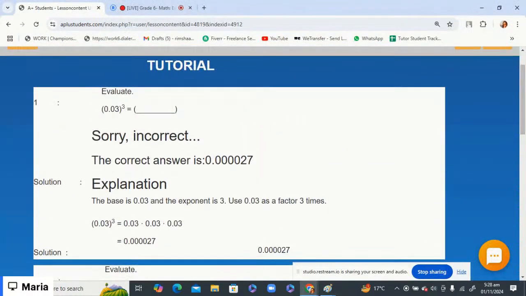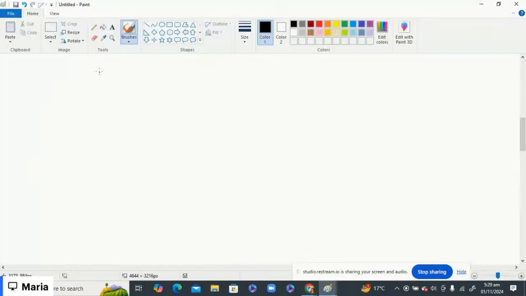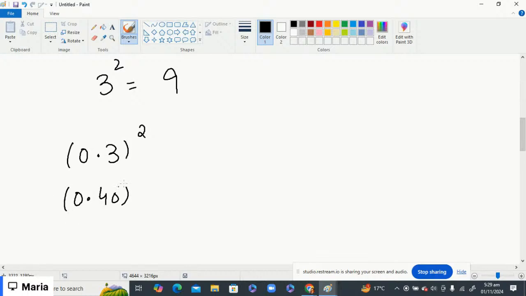For example, in the other questions, we can see simple exponents, like 3 power 2, and then we find the answer. But if some decimals are involved, what is the meaning of decimals? Like point form. For example, here is 0.3 and then its power. Like 0.4, then its power. 0.7, then its power.